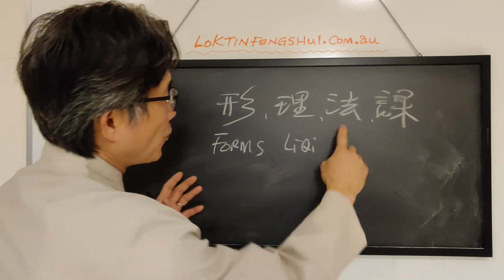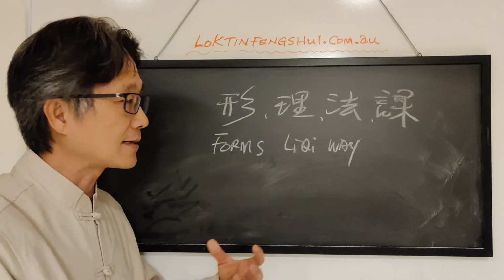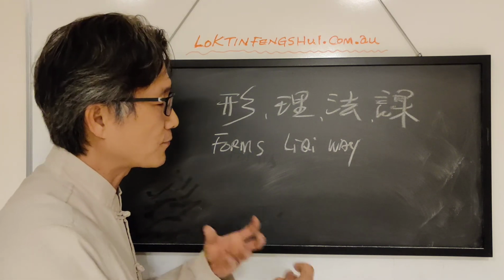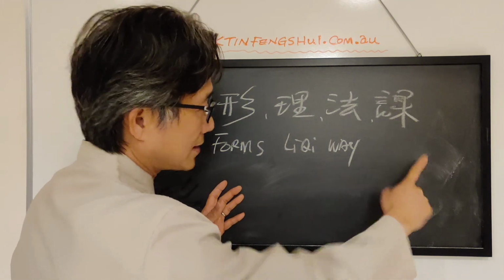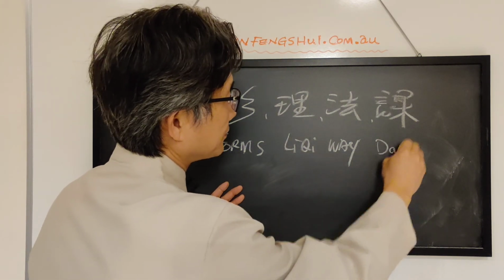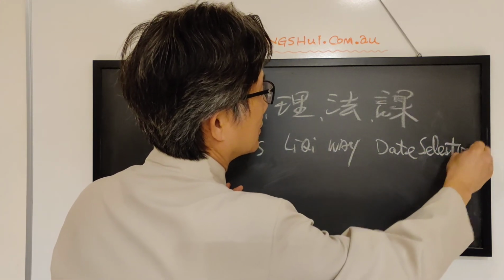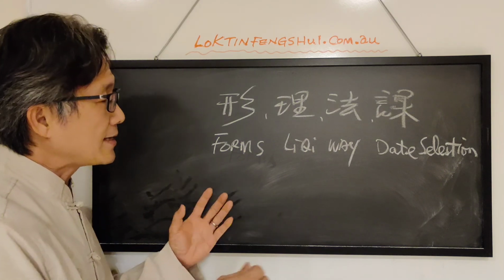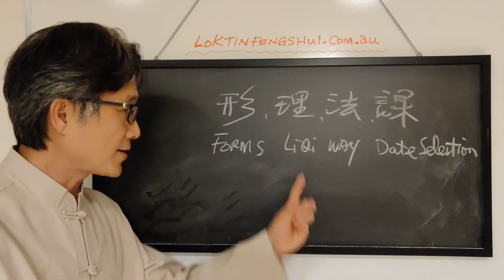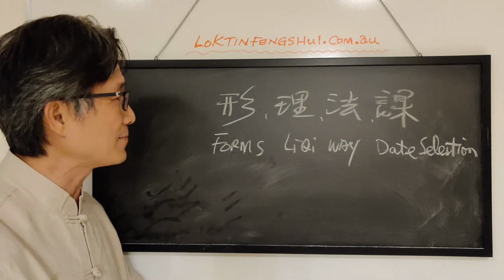And that's the way you implement, any way to try to make it better, any implementation that will help. And the 4th, Ke, is day selection. With each area underneath, there's still another different area to study.